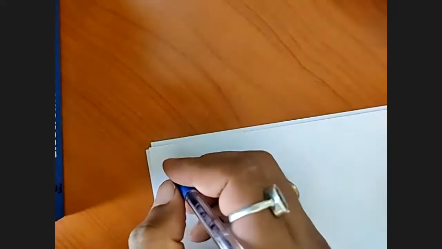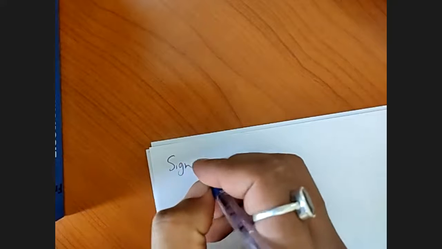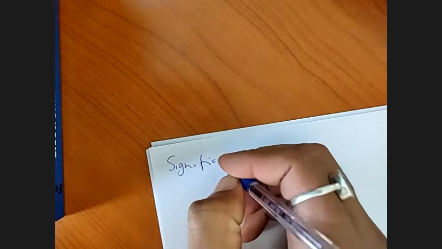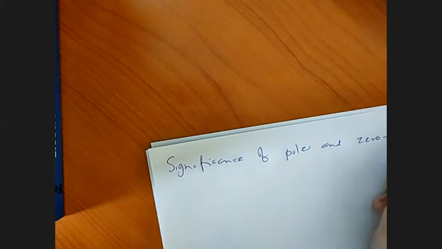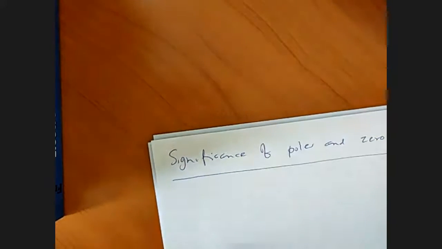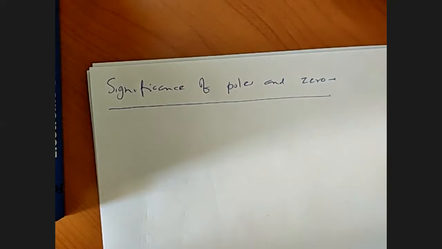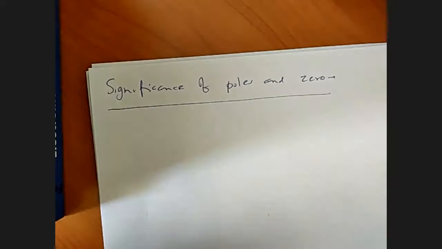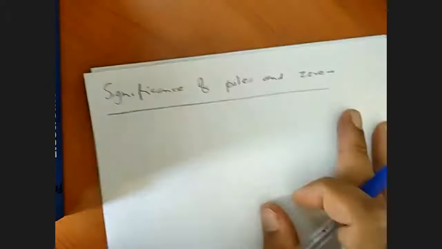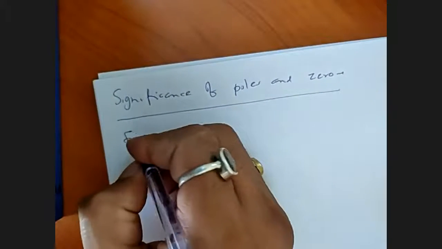Now, what is the use or significance of poles and zeros? What do poles and zeros give us? For transfer function it is different, and for driving point function it is different. So we will write for transfer function.